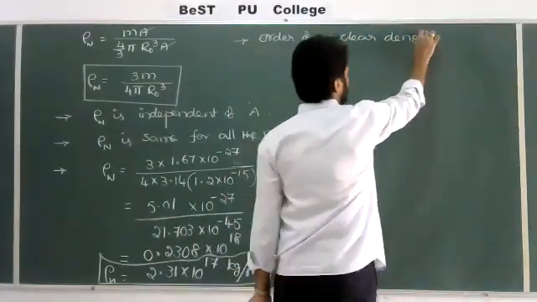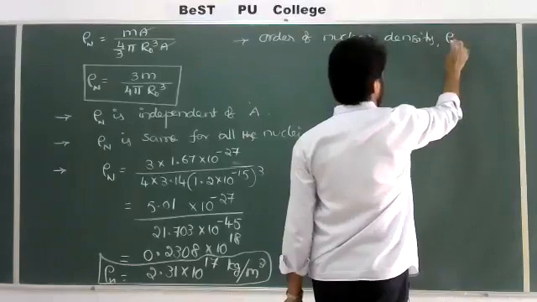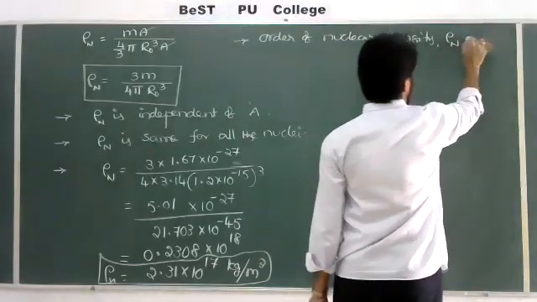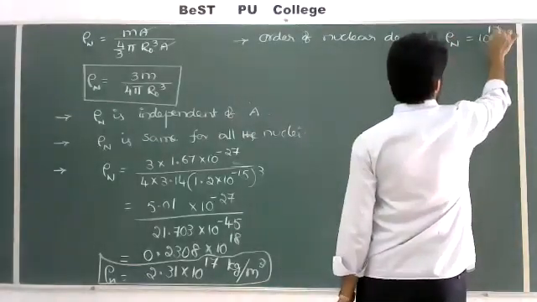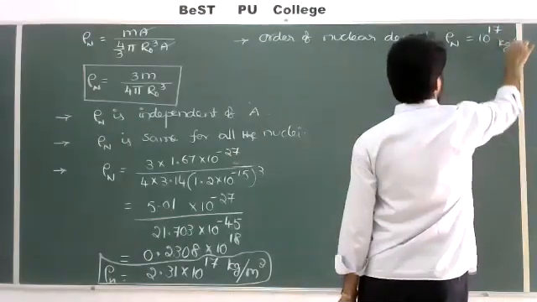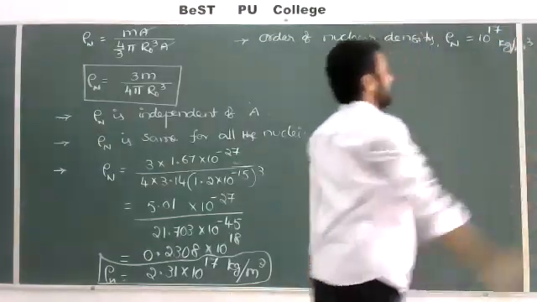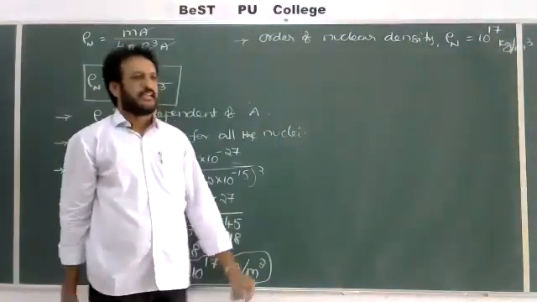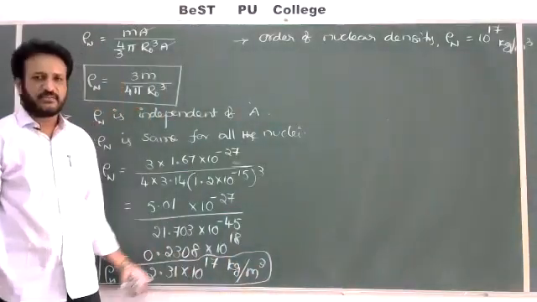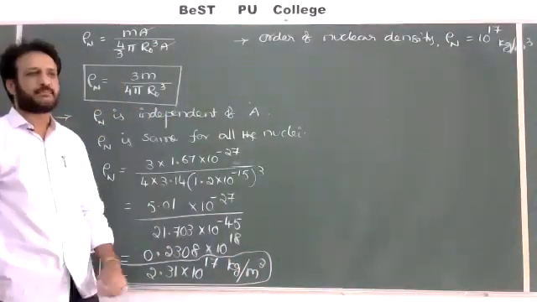Order means only powers I am considering. The order of nuclear density is equal to 10 to the power of 17 kg per meter cube. So only the order I am writing; the exact value is 2.3. If you take the order, 10 power 17 kg per meter cube.